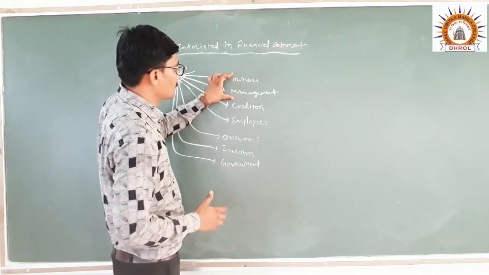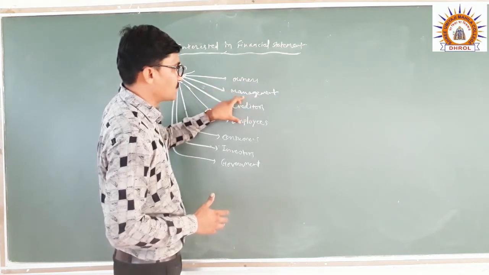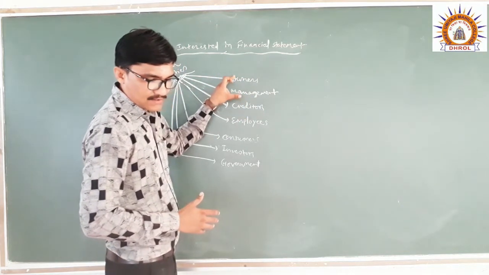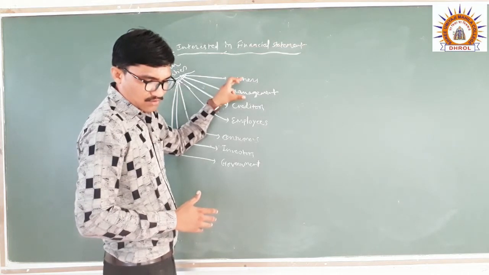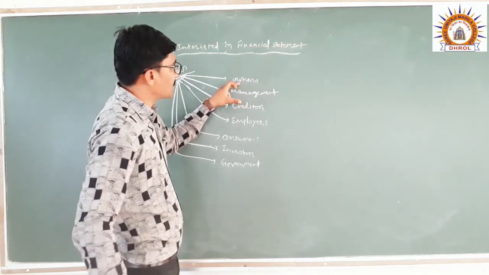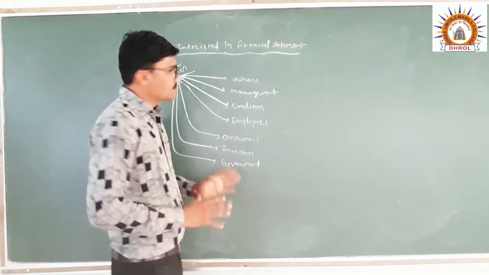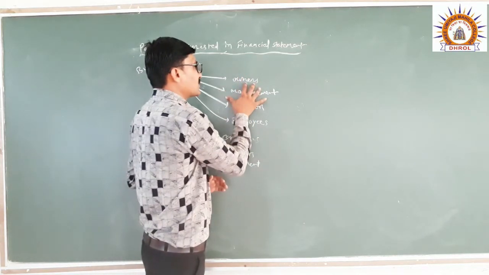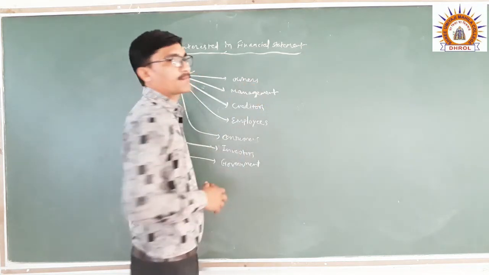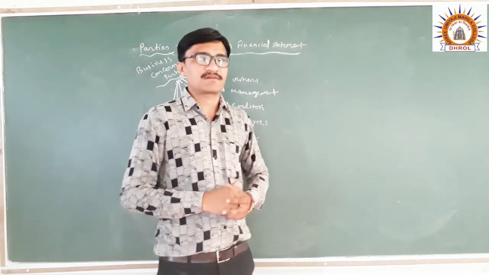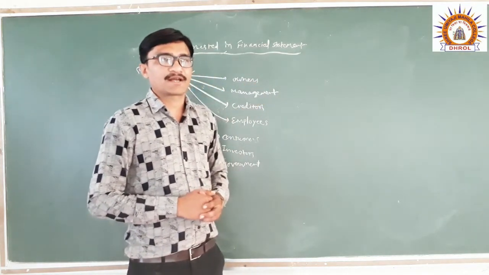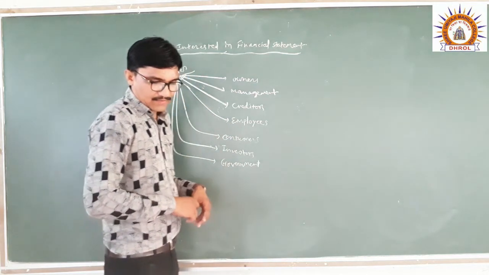There are two terminologies: the owners, and the second part is management. So how is the financial statement used by the owner? The owners want to know the financial position of the particular business organization.